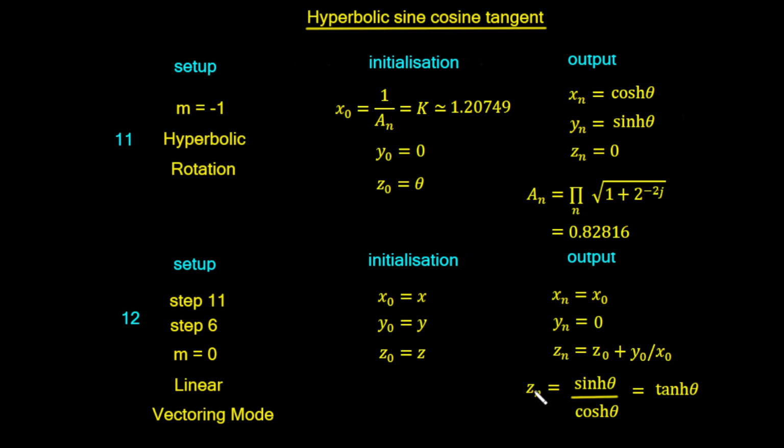We will get the value zn, which is sin theta upon cos theta, which is our tan theta. So that's us able to generate our three basic hyperbolic functions: sin, cos and tan.